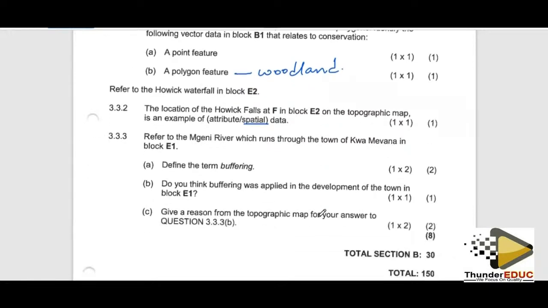Then 3.3, refer to Umgeni River, which runs through the town of KwaMevana in block E1. Define the term buffering. This is drawing rings around a feature, or demarcating a zone around a feature.